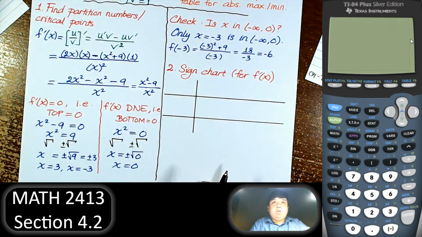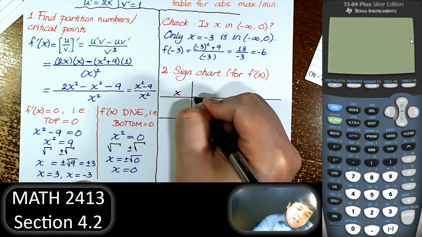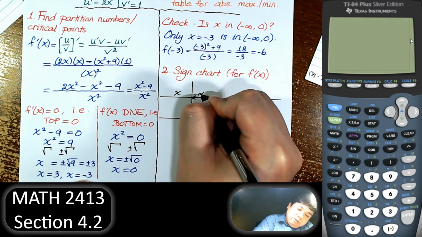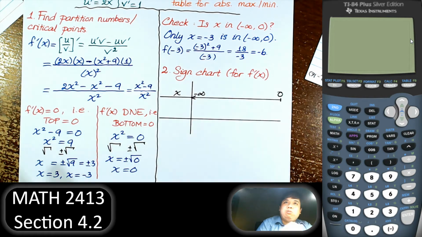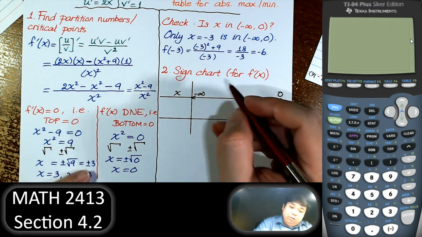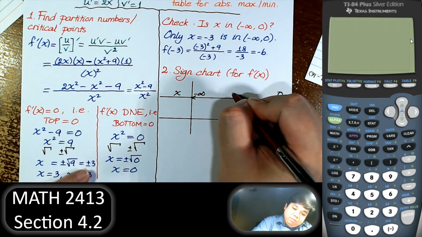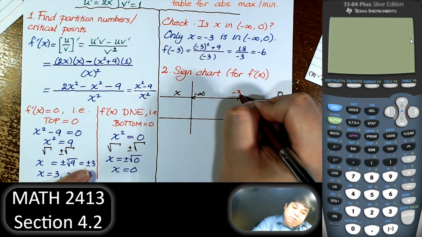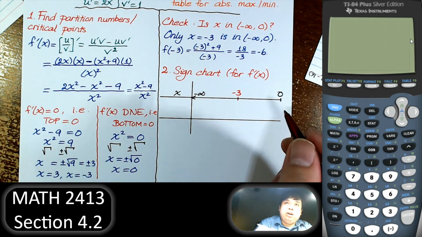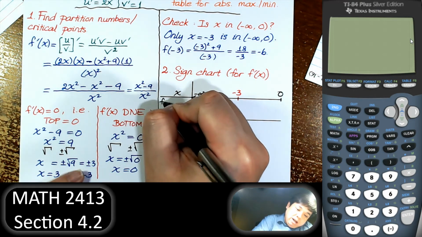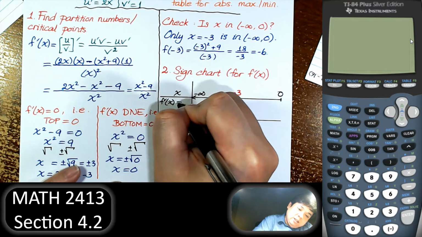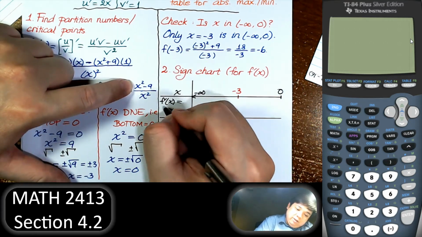The difference in this problem is that x goes from negative infinity to 0, not from negative infinity to infinity. And in that interval, we only have one critical point. And then the derivative that we will test is this derivative.